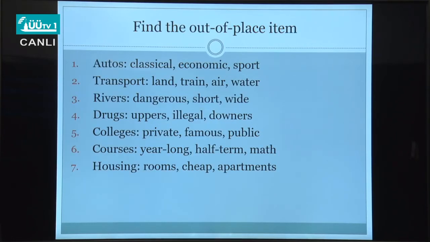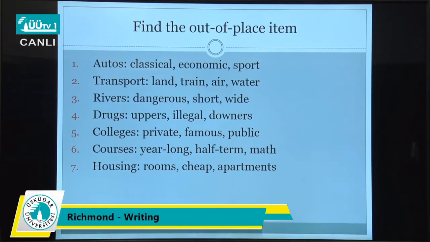We have a little exercise here. We will find the out of place item. In the first exercise, we are classifying the cars as classical, economic, and sport.